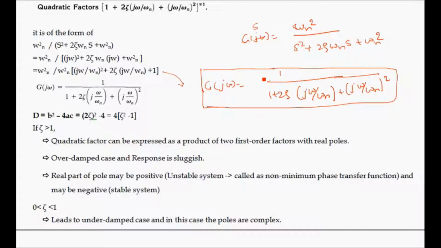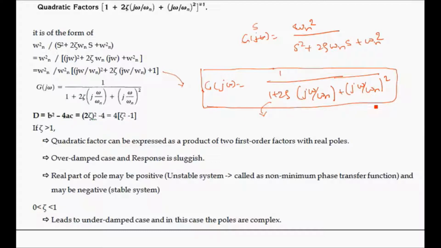First, we see that the denominator is in the form of a quadratic equation. So we first calculate the discriminant of this quadratic equation, which is b square minus 4ac.